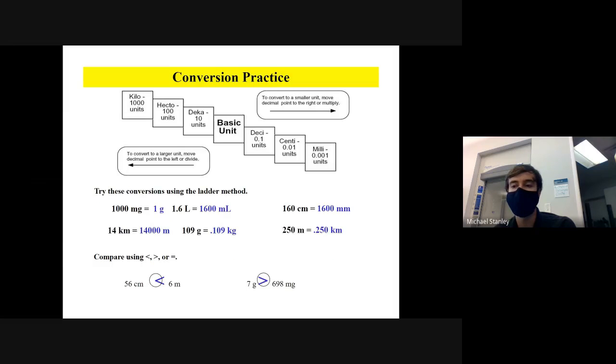All right. Not hearing anything. So to me, that says that everybody feels pretty okay with how to use this ladder method so far.